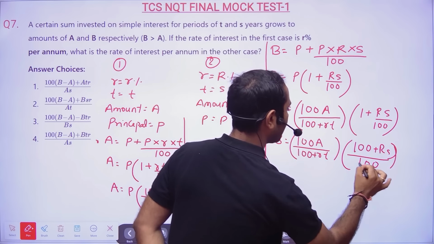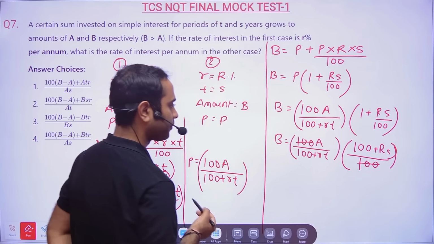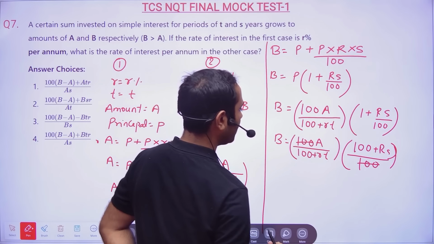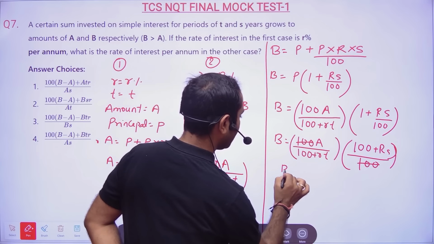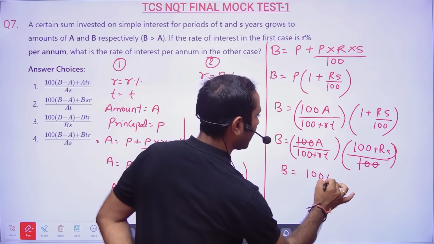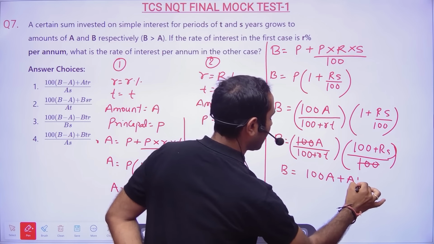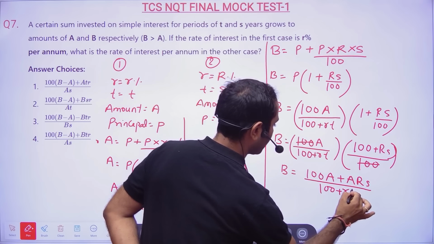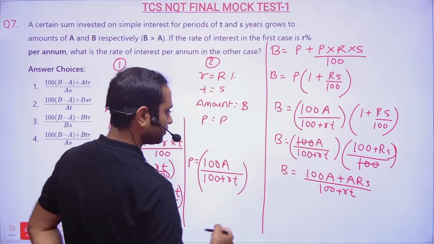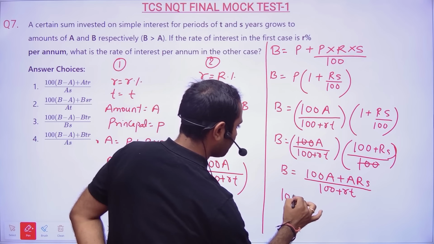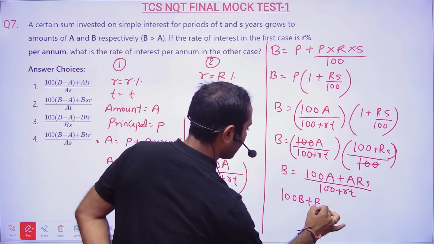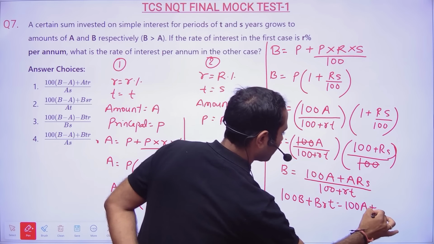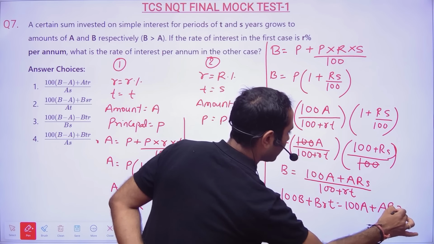So this 100 and 100 will get cancelled. So B will be equal to 100A plus ARS divided by 100 plus RT. Good. Now 100B plus BRT will be equal to 100A plus A, R and S.